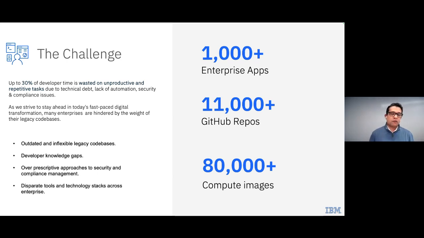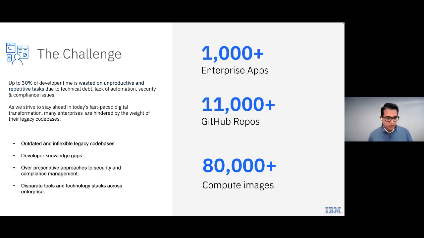Every quarter, we do surveys with our developers. And what we have seen is our developers report that 30% of their time is spent on tasks which are unproductive, manual, and repetitive. That complexity comes with its own challenges.